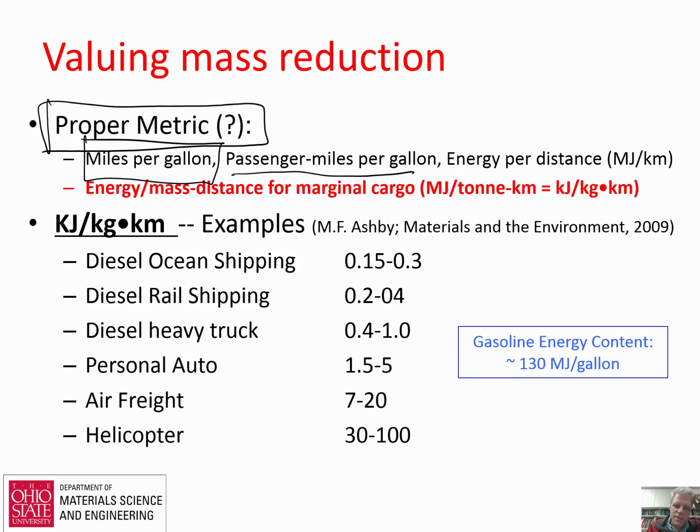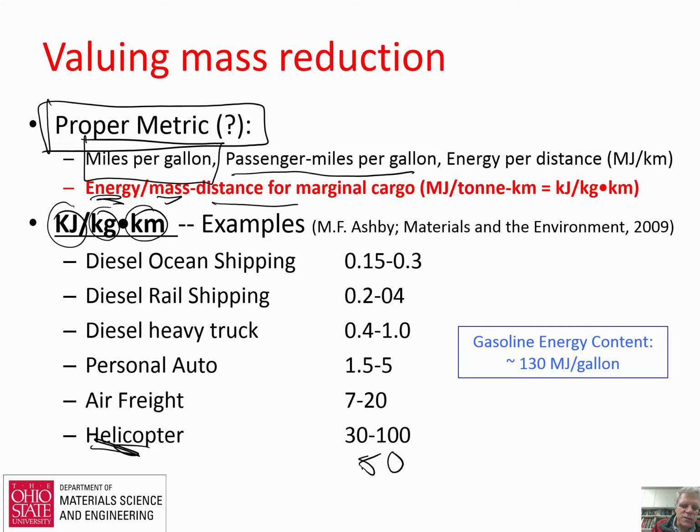The other one that I'm going to look at is how much energy it takes to move a bit of mass an extra distance. So that's kind of an interesting thing. For example, if I take a helicopter, it takes on the order of about 50 extra kilojoules to move 1 extra kilogram an extra kilometer.